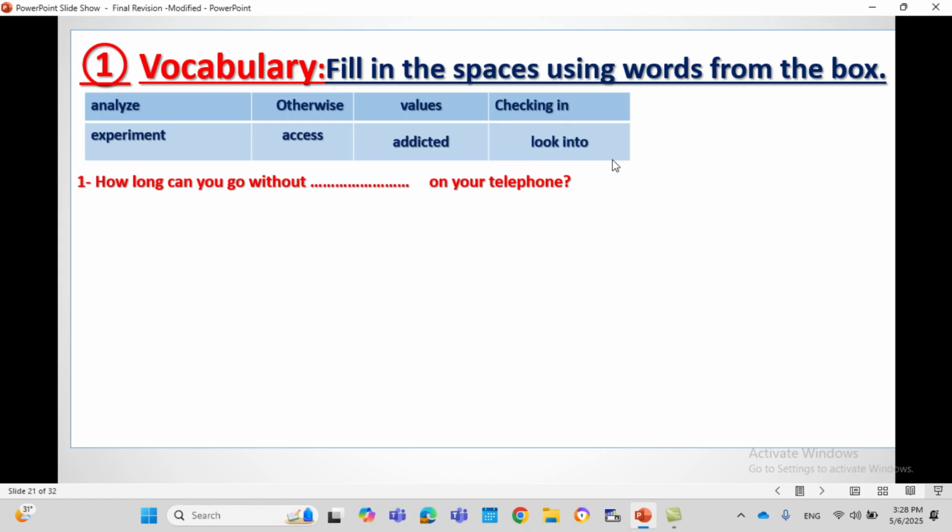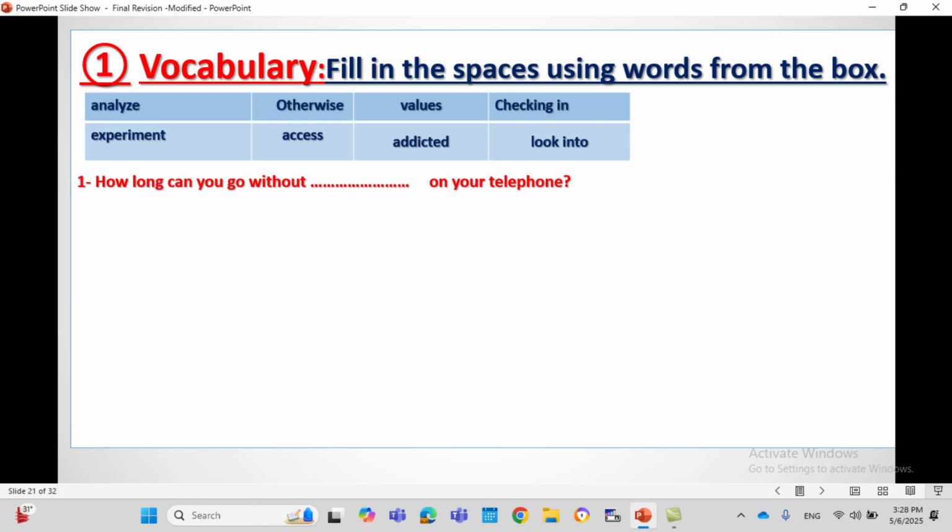And the last word we have is the verb look into. Look into is a verb which means to examine the facts about a problem or a situation. So if you have facts, you say we can look into the facts about it, or in other words, look into means to examine. So again, look into means to examine the facts about a problem or situation.